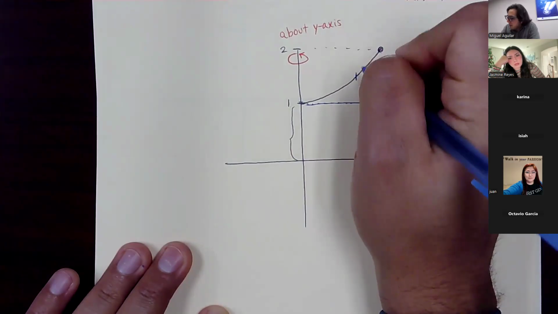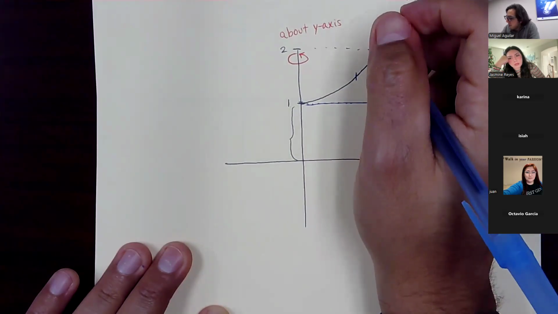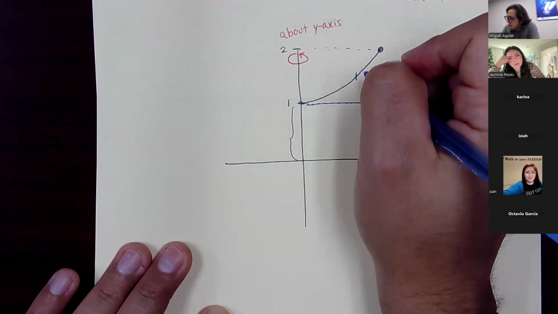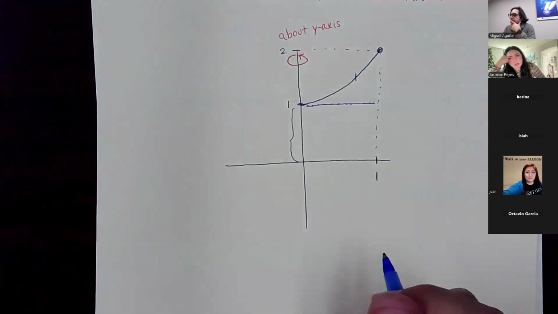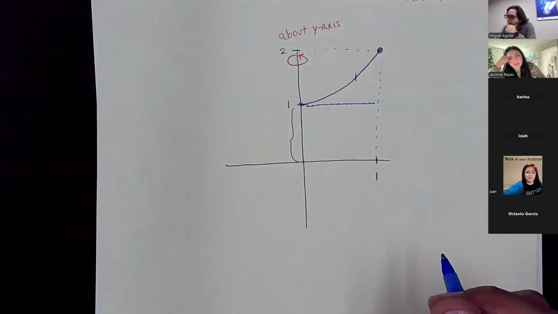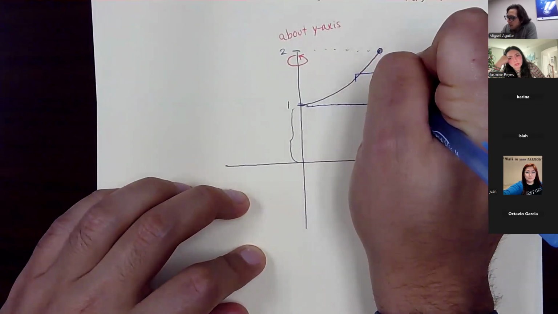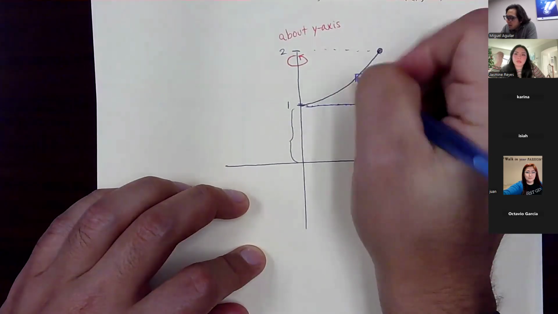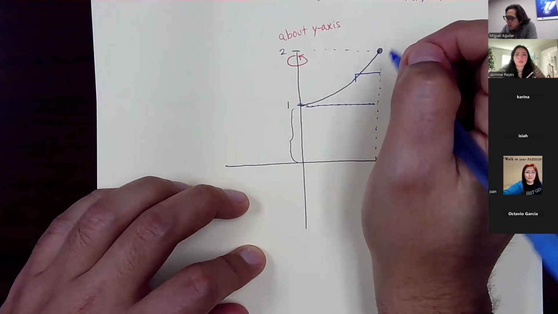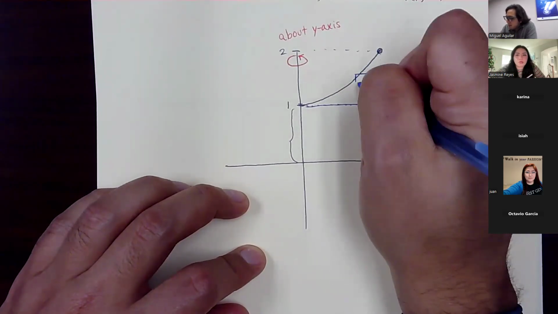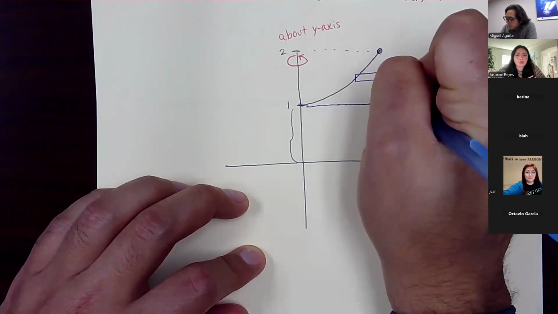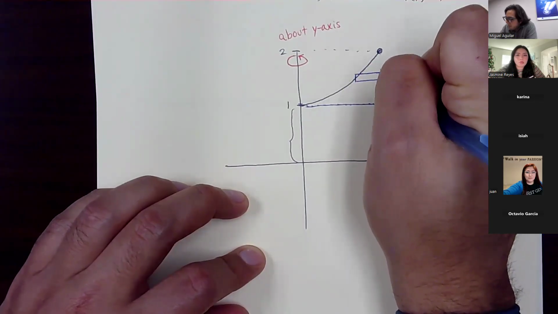Let's say I drew a rectangle here. There's a couple of different ways that we could find the radius. Let's just draw a rectangle here, right there.